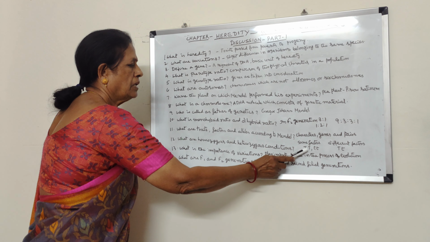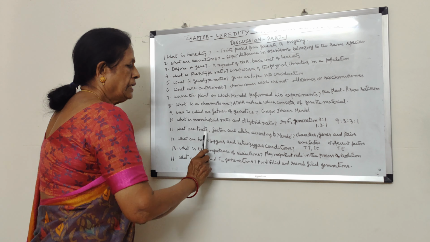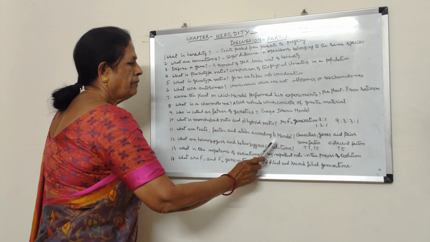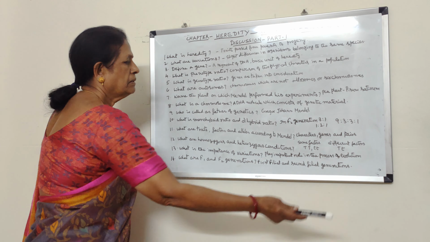This is a pure tall plant, a pure short plant. If the trait is under the control of two different factors, the factor responsible for tallness and the factor responsible for shortness, both being there, such a condition is said to be heterozygous condition.